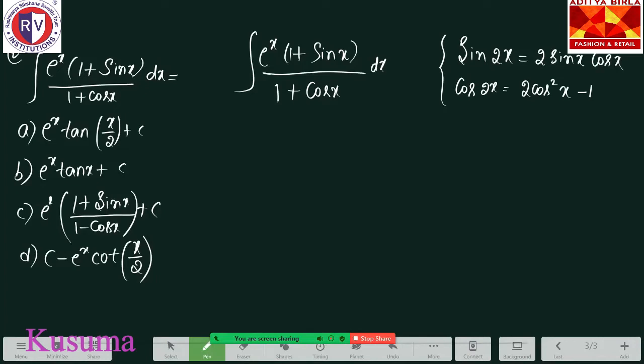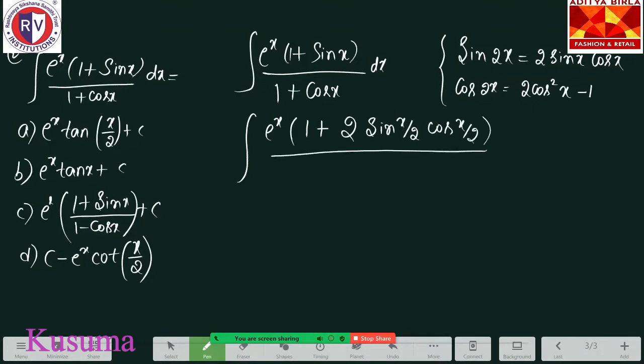By using that formula, what we get is e to the power of x into 1 plus, in the place of 2x we just have x, so we write 2 sin x by 2 cos x by 2 divided by 1 plus cos x, which can be written as 2 cos square x by 2. Now we can separate the terms here like this.